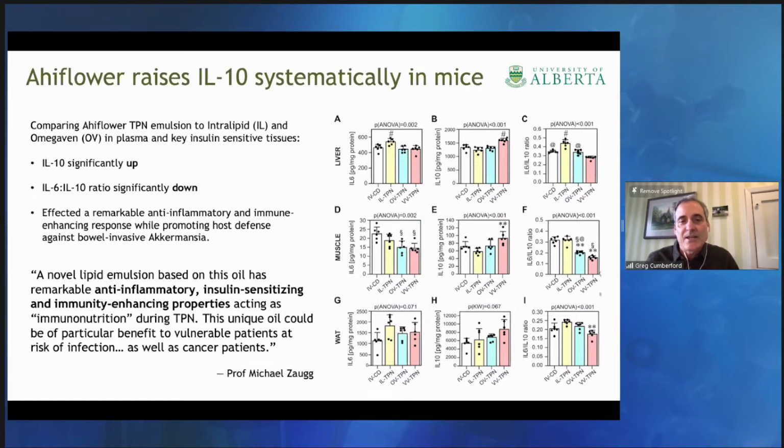And they credited the ahi flour-based emulsion with having remarkable anti-inflammatory, insulin sensitizing, and immunity enhancing properties, acting as a kind of immunonutrition. And this was to overcome some of the noted challenges that exist currently with either the fish or soy-based intravenous emulsions.